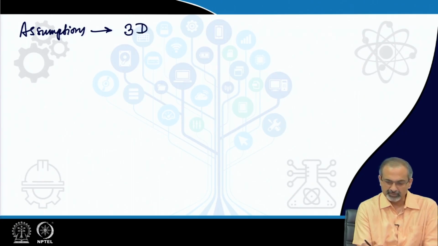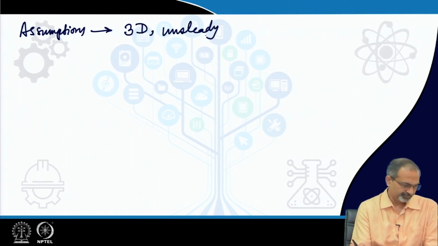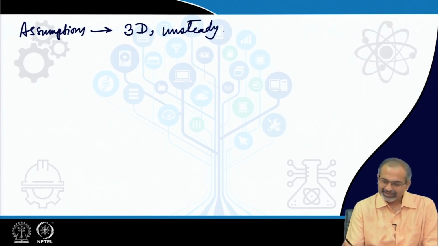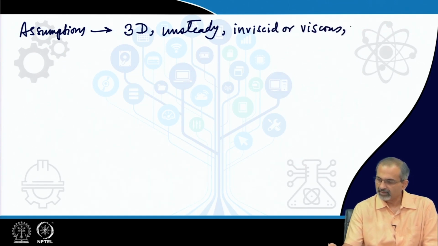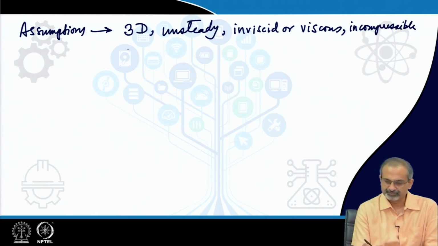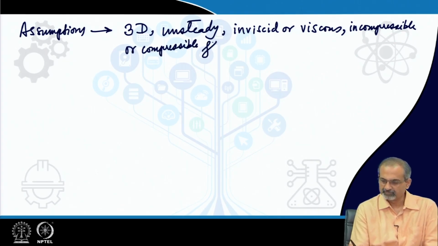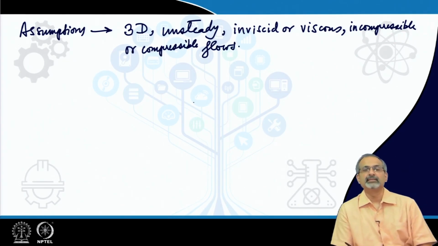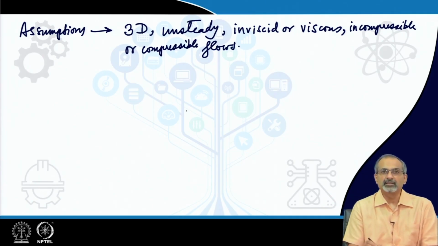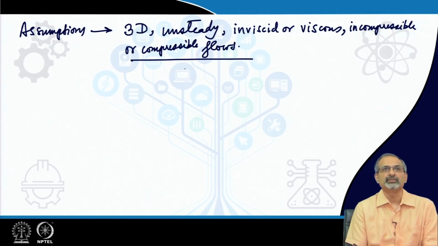You can apply it to 3-dimensional flows, you can apply it to unsteady flows, it can handle inviscid or viscous flows, incompressible or compressible flows. So, as long as it is satisfying the continuum hypothesis, you should be able to apply it to all these situations.